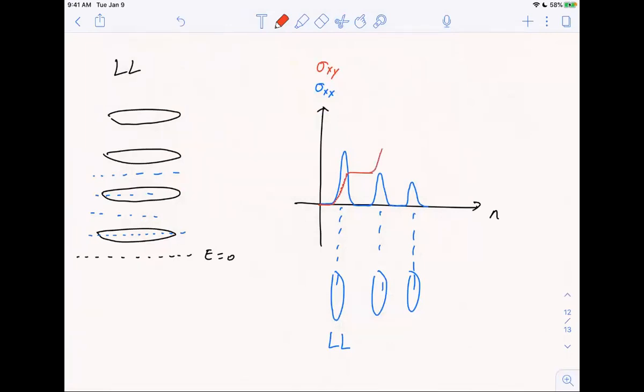We increase again, then another plateau, and we increase again, then another plateau. The steps are even because inside the gap you just increase the same number of edge states. So you have sigma xy showing a plateau step. These are the signatures of the quantum Hall effect.